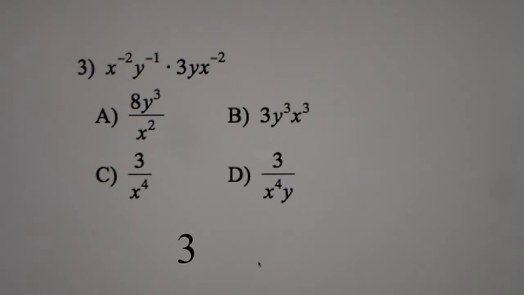Well, negative 2 plus negative 2 is x to the negative 4. Then we have y to the negative 1 times y to the positive 1. Well, negative 1 plus 1 gets us 0. So y to the 0, well, that disappears. Anytime you have any variable to the power of 0 or a number to the power of 0, it is just equal to 1. Or it could just disappear.